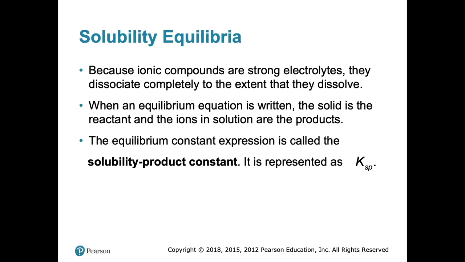Kind of like when we were doing acid-base equilibrium, we had the acid as the reactant, and the conjugate base and conjugate acid as the products. But here it's the solid as the reactant, and the solution ions will be the products, and we can make that equal to Ksp.